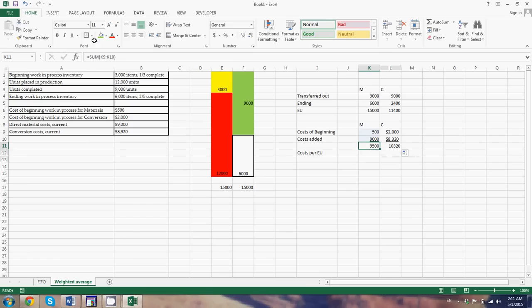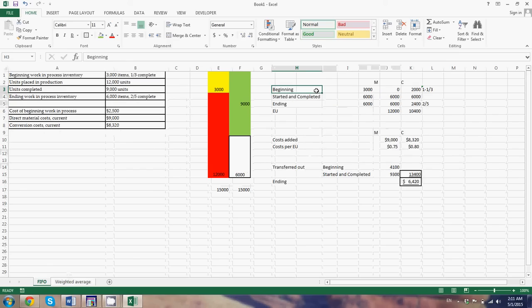10,320. If we talk about the cost per equivalent unit, we use the total cost divided by the EU. The first difference comes from the accounts. For the weighted average method, we just need to deal with 2 accounts.